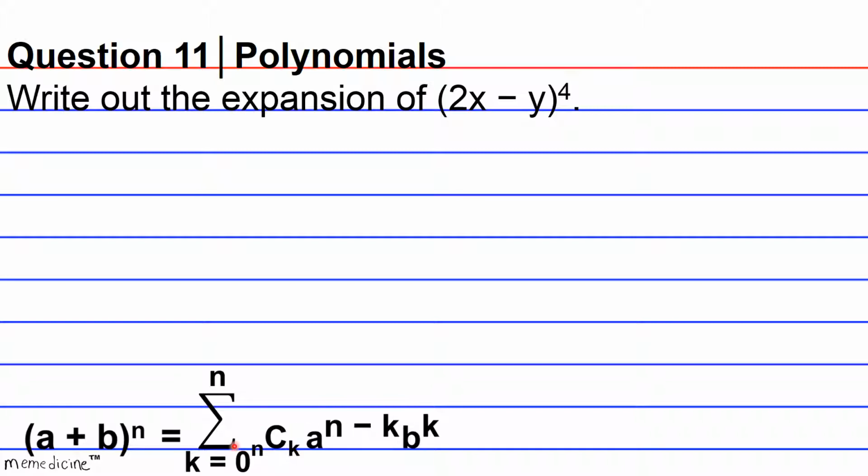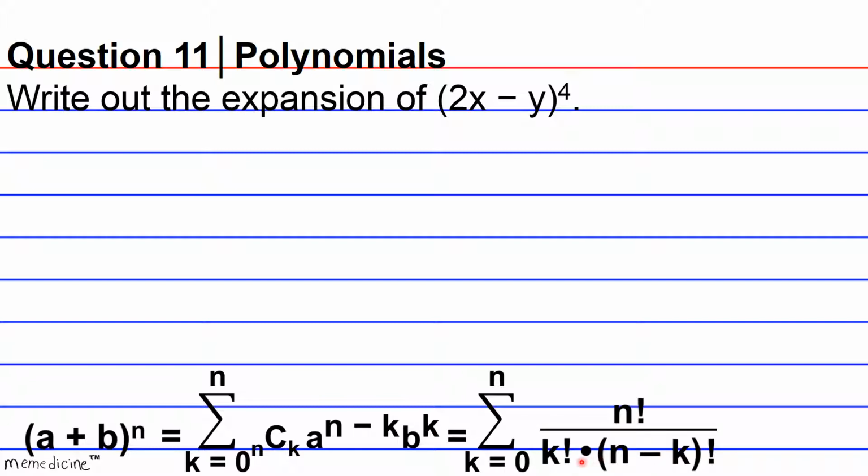And this particular formula or function is contained in a graphing calculator. But let's say you're doing this all out by hand, which I don't recommend because it's very time consuming. This equates into a factorial equation that says n factorial over k factorial times n minus k factorial, times a raised to the n minus k times b raised to the k, is equivalent to this formula as well, okay?